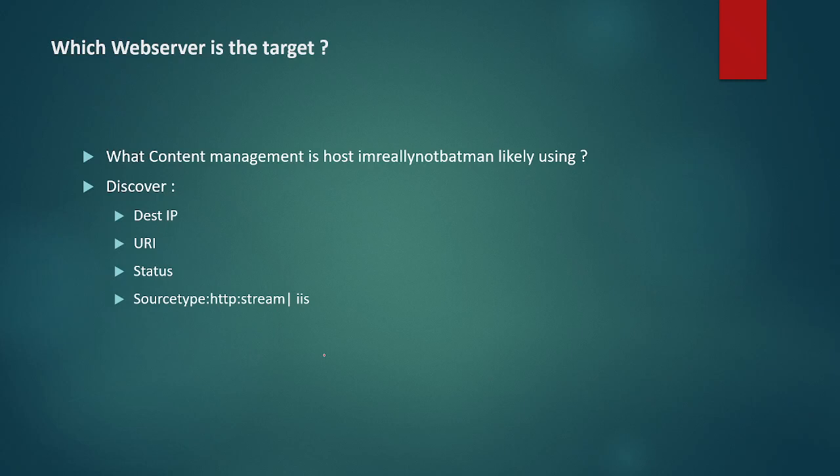We can also make use of the status, because mostly we would like to look at the requests which are successful. For example, we can use status is equal to 200. We have also looked at the URI, so let's look at what it leads us to.